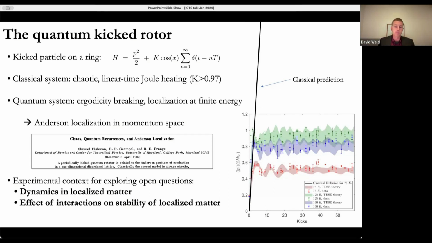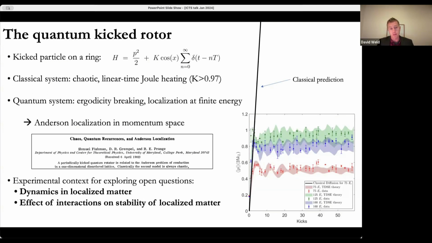So I introduced this system at some length because it is the experimental context in which I want to tell you about some recent experiments exploring a few open questions in the stability or instability of quantum matter far away from equilibrium. So the first such open question concerns the dynamics of localized matter, and I'll tell you about a dynamical phenomenon which is generic to the Anderson insulator, but surprisingly has only recently been thought about, even theoretically.